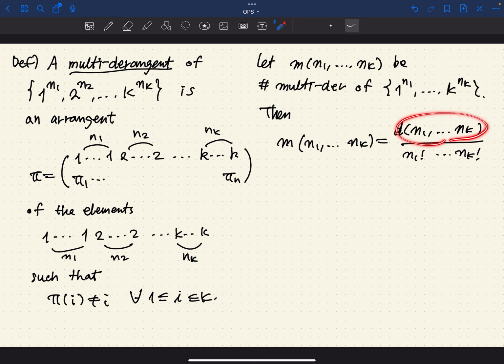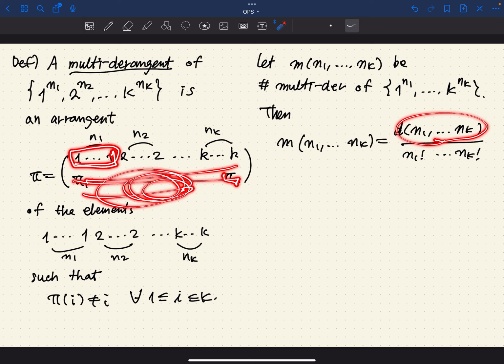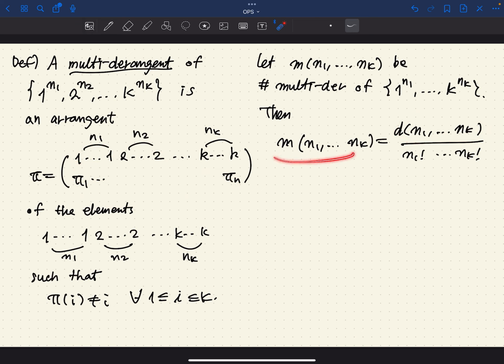Because if you have a derangement, you just replace the first n1 integers by 1, then the next n2 integers by 2, etc. Then you get a multi-derangement. But of course, the ones here can be permuted anyway.